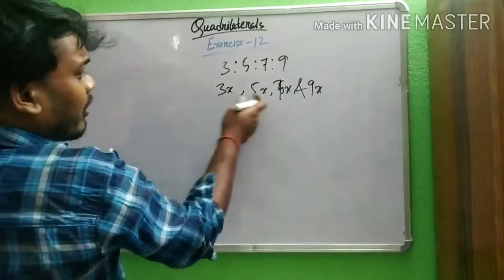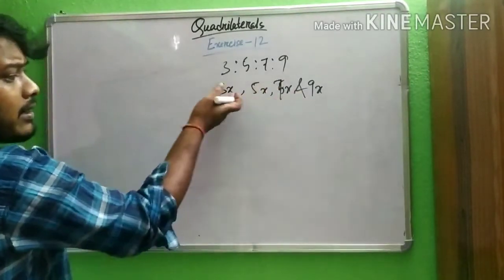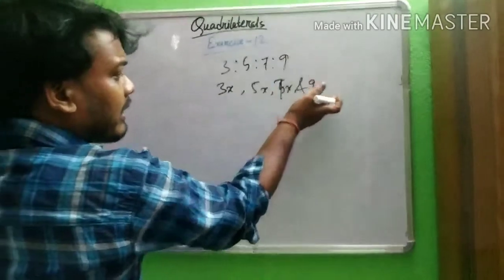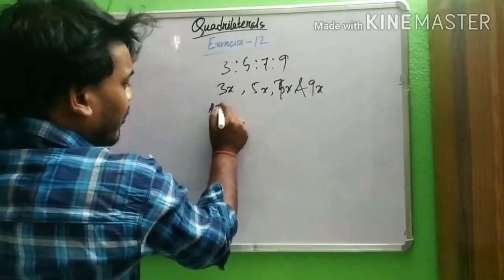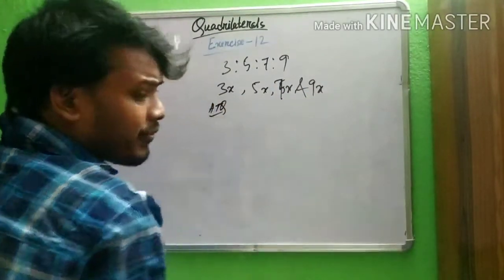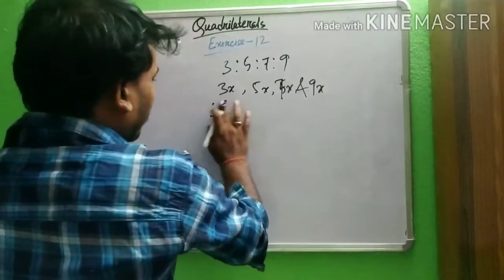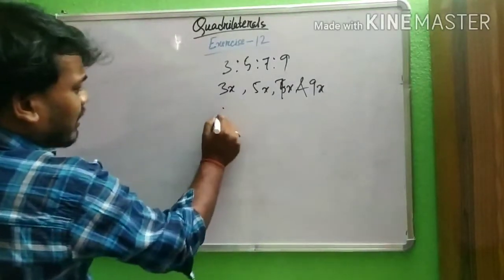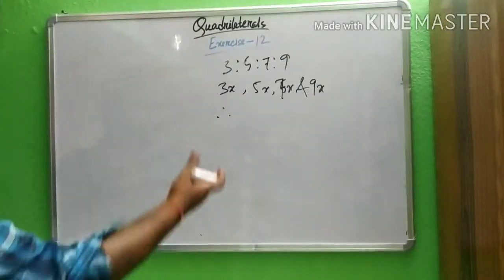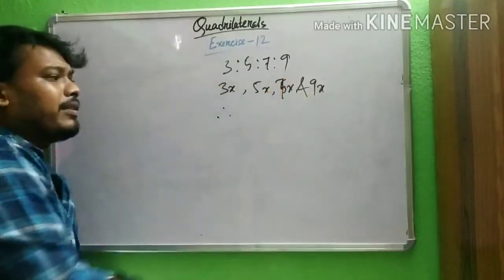Okay, let's come to the topic. So let the 4 angles be 3x, 5x, 7x, 9x. We know that the sum of all angles equals 360 degrees.